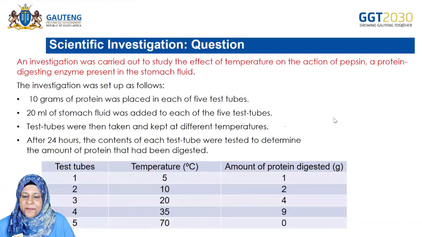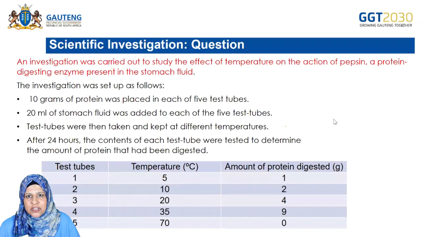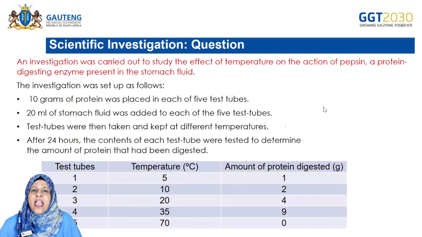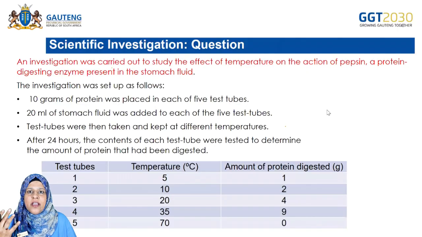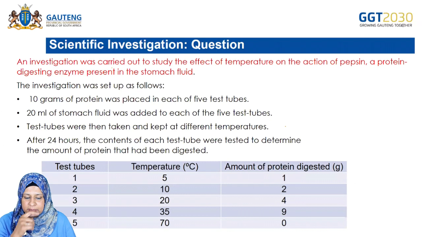Okay, moving on. We are now going to look at a question on scientific investigations, and all the factors I have been explaining to you all along. You're now going to put it into use to see how we can answer our questions using what we have been taught already.